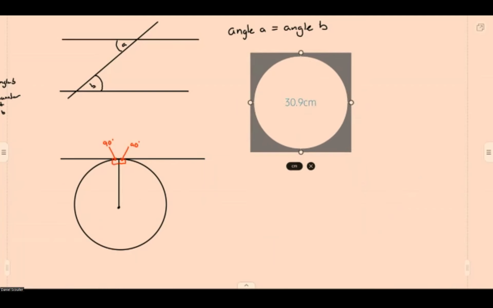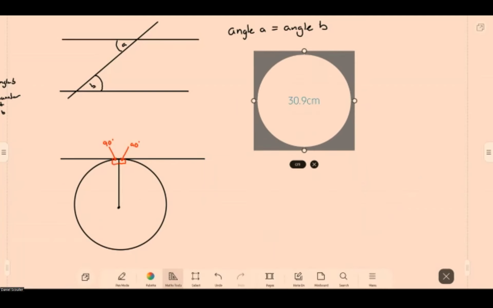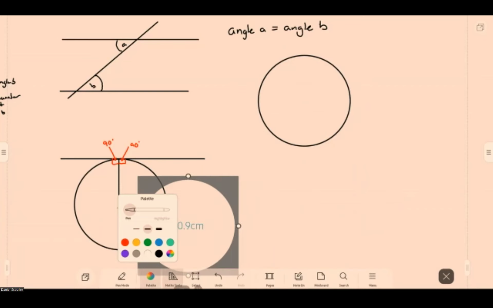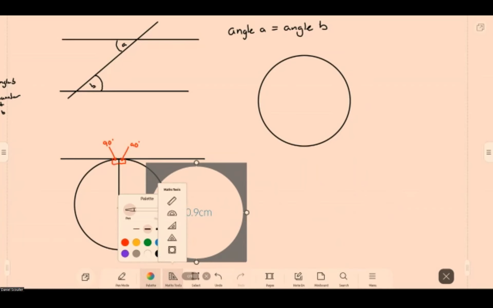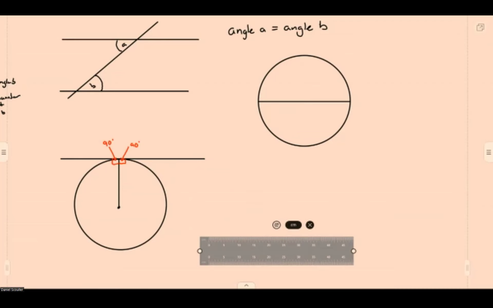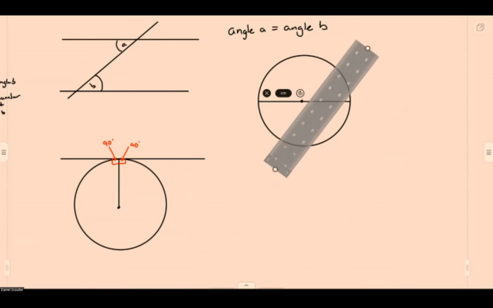Another one which builds upon rules I've already discussed. I've got a line like that with a diameter. Sorry, any line will be fair. All right, and I've got a line coming away from that as well.